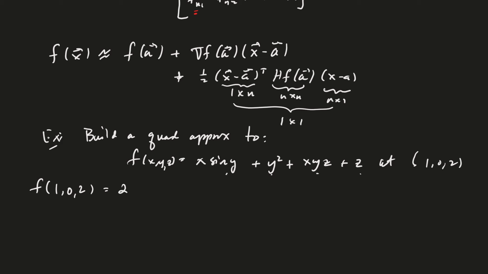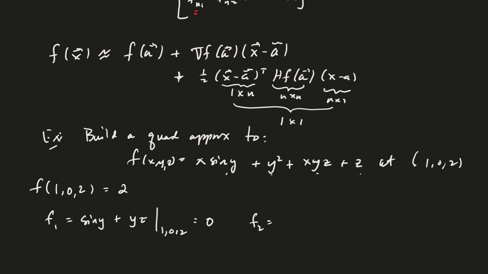Good. So f sub 1 is the derivative with respect to x. So that's going to be sine y plus yz, evaluated at 1, 0, 2. And that's going to be sine of 0, which is 0.